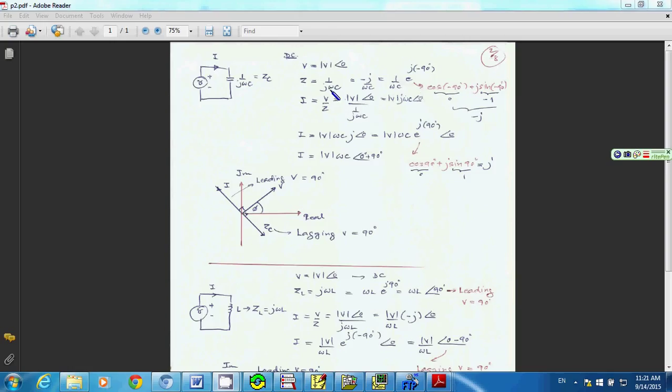Your Z equals 1 over j omega C, and then you can write it in terms of negative j divided by omega C. I just put j on the denominator, and you can write negative j as exponential j of negative 90 degrees, because exponential of negative 90 degrees j equals cosine of negative 90 degrees plus j sine of negative 90 degrees, and cosine 90 degrees simply becomes 0, and sine negative 90 degrees becomes negative 1.